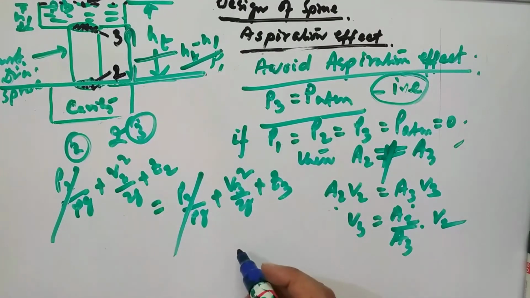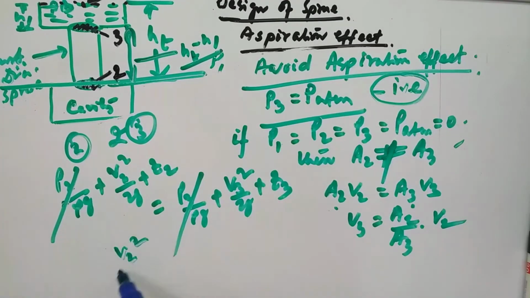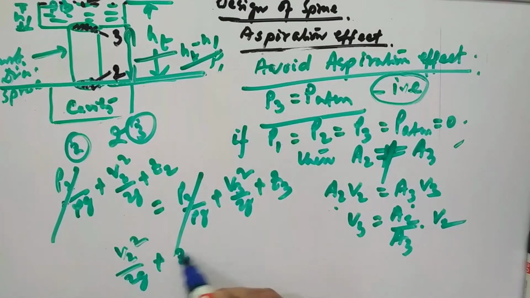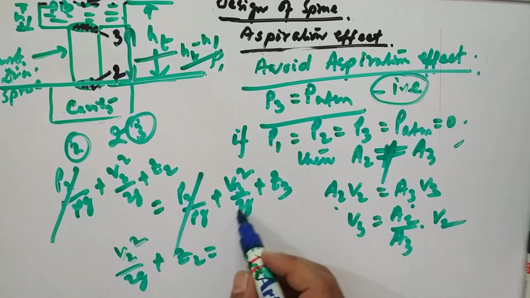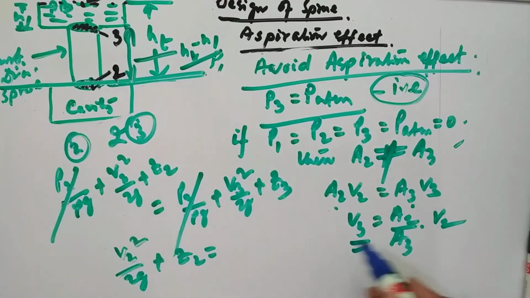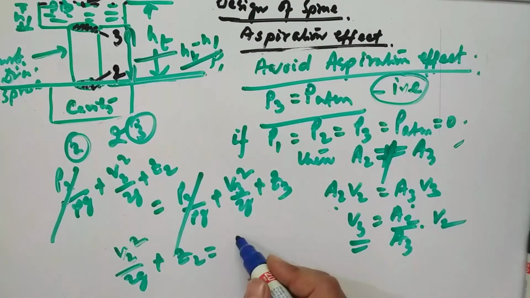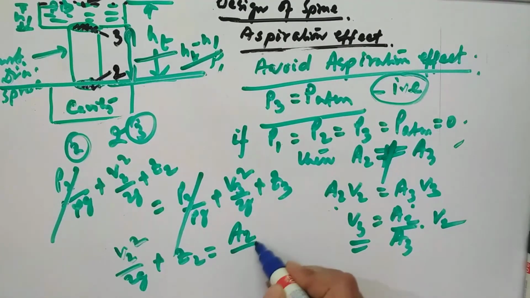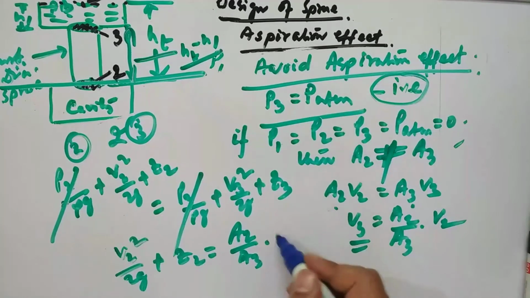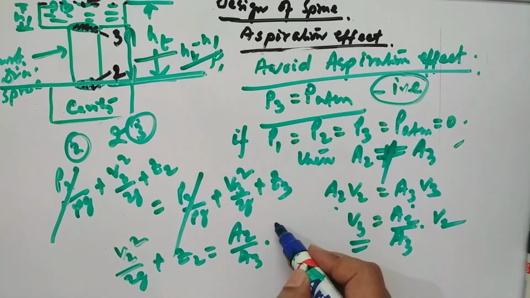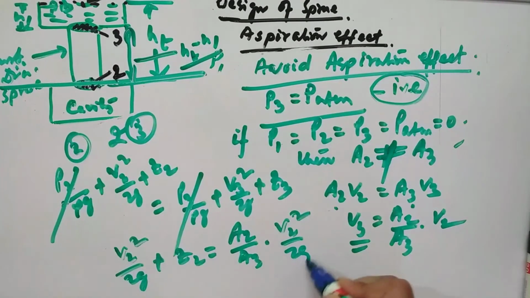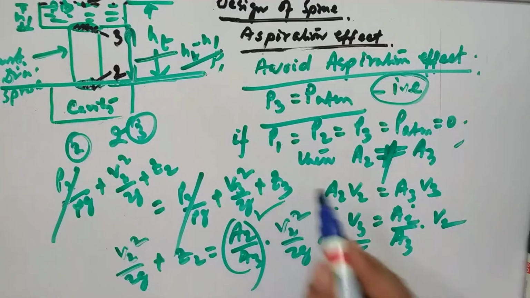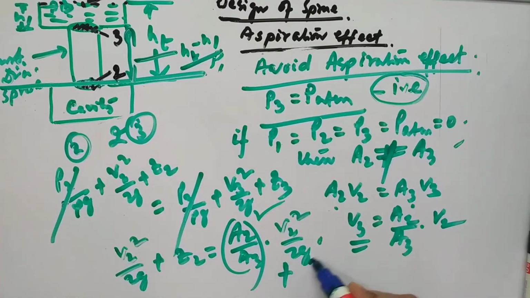Now we have V2 square by 2g plus Z2 equal to, I can write V3 as A2 by A3 into V2, square by 2g, plus Z3.